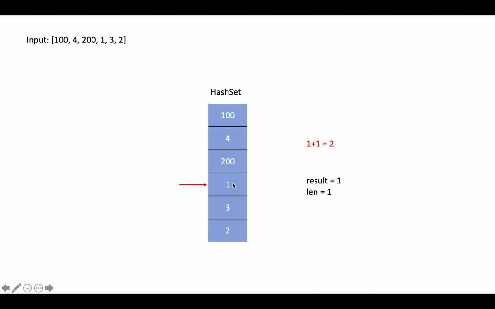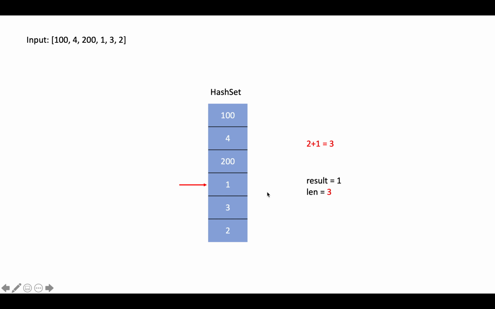So our sequence becomes of length 2, and we update our length to 2. Then is the next element 3 in this hash set? The answer is yes, so we update our length to 3. The consecutive sequence starting at 1 has 3 elements right now.